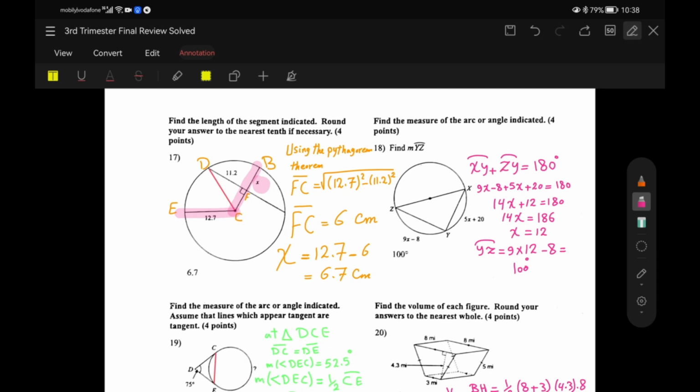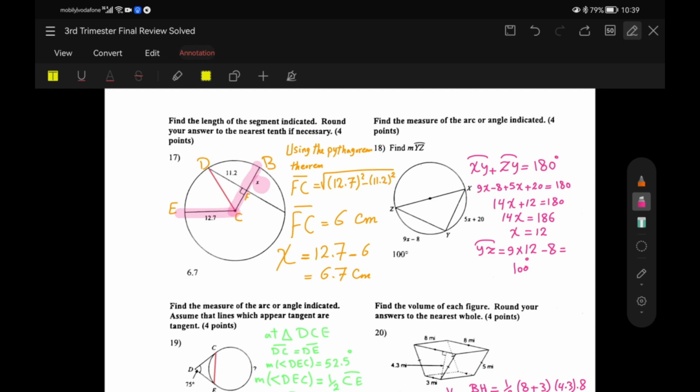To find it, we use the Pythagorean theorem. The square of the length of the hypotenuse equals the sum of the squares of the other two sides. So we can say that CF equals the square root of 12.7 squared minus 11.2 squared.